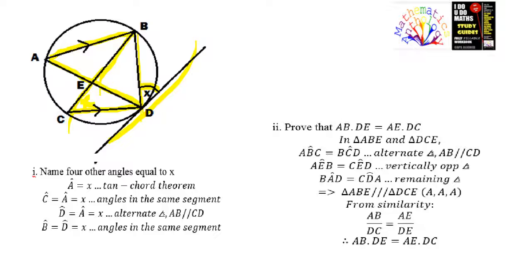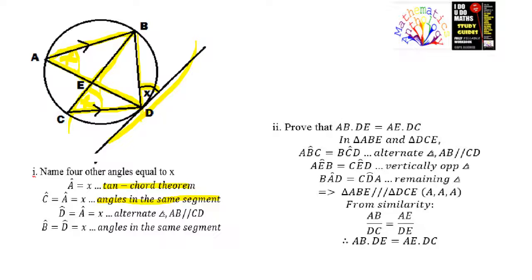So x should also go here for A. So we can say that angle A is equal to x because of the tan chord theorem. We can then say angle C is equal to x. We can say tan chord theorem again, or we can say angles in the same segment because they are in that position.